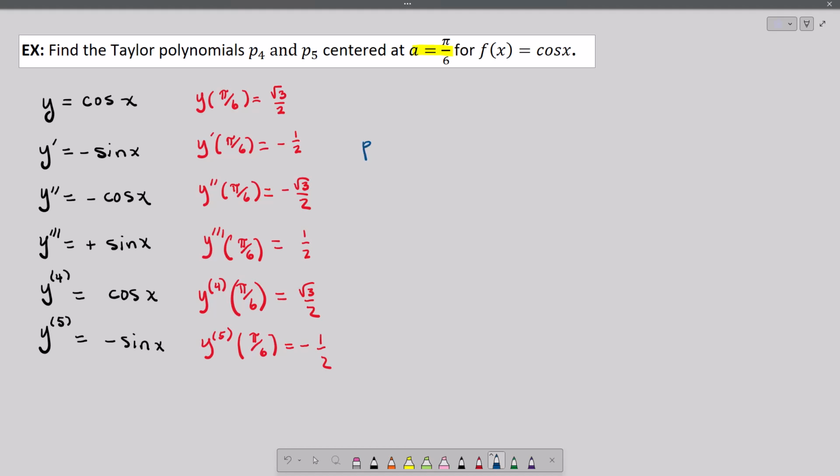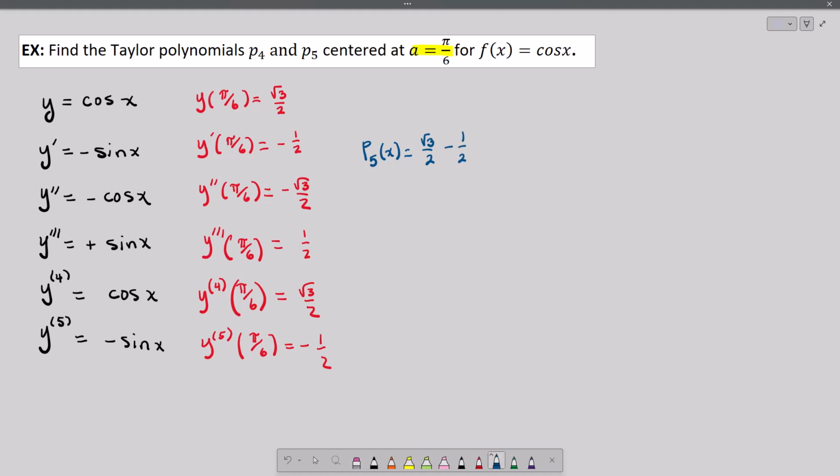So p sub 5, we start with the first constant up there. So that's, if we think back to tangent line, that's the y-intercept of the tangent line. So root 3 over 2 plus, minus 1/2 is the next constant.